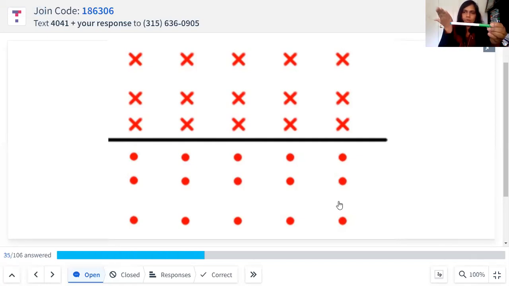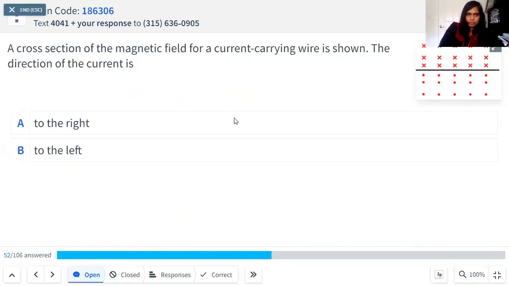Then take your right hand, with 4 fingers on the bottom of the wire, curving. It's coming out of the page and then curves around the wire. The direction of current is represented by the thumb. What direction is the thumb pointing to? To the right, to the left?